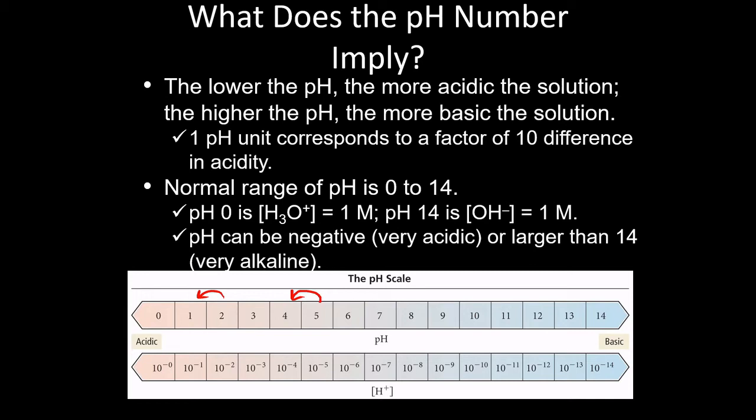Now, we can make solutions like this, and I have a lot of solutions actually in the lab that would have pHs in the negative range or pHs of 15 or 16 even. But they're very rare to need to use. It's very rare to need a solution that is that concentrated for a reaction, and they're very dangerous as well. So we tend to avoid them.